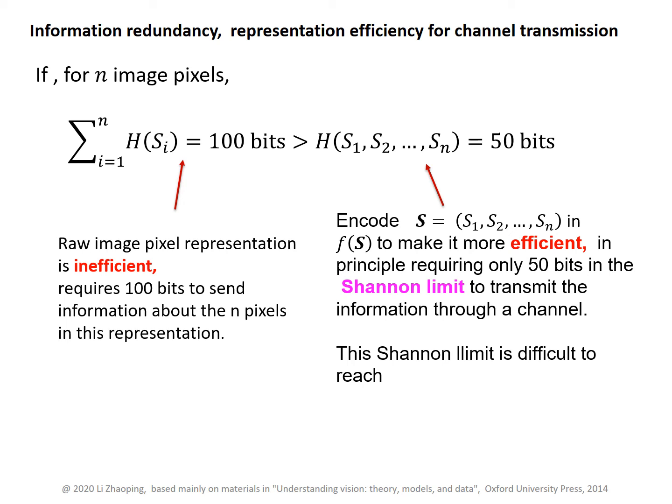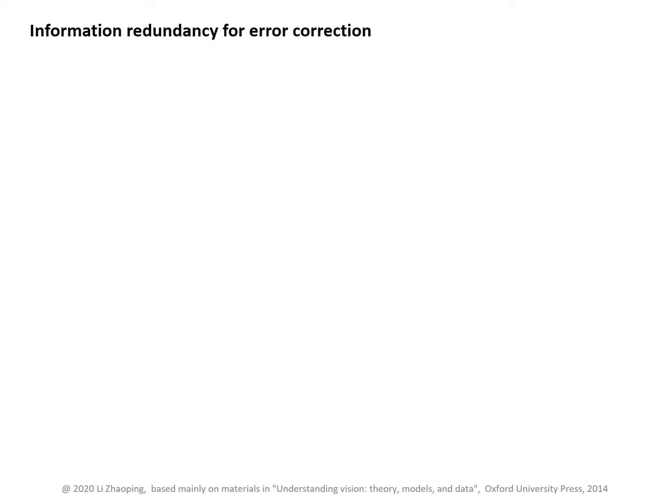This joint entropy, 50 bits in this example, is the Shannon limit, a lower bound for any encoding transform. In practice, it's difficult to reach this limit. Information redundancy is, however, useful for error correction.